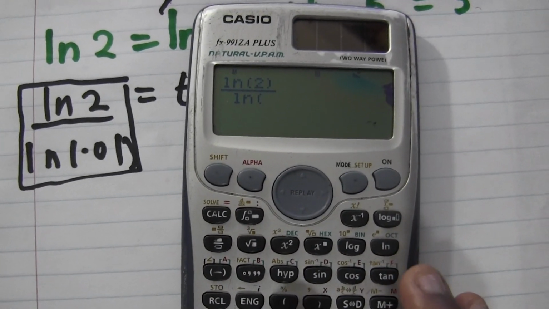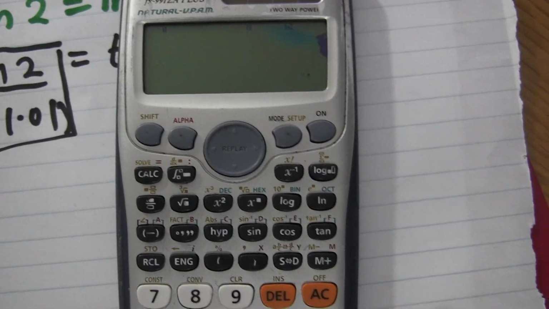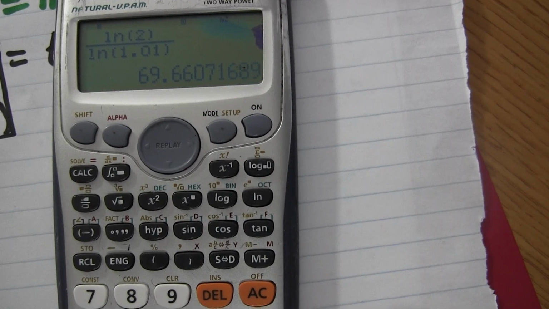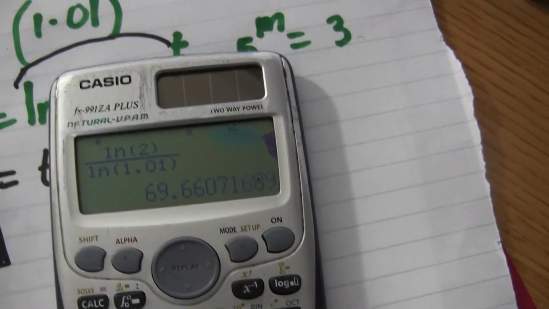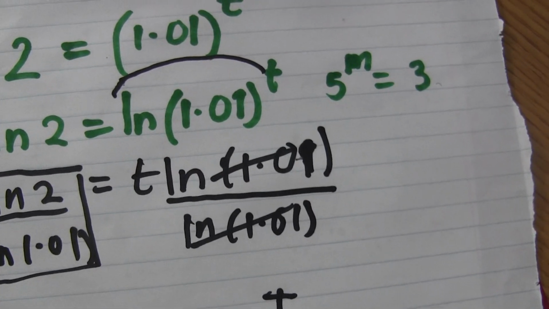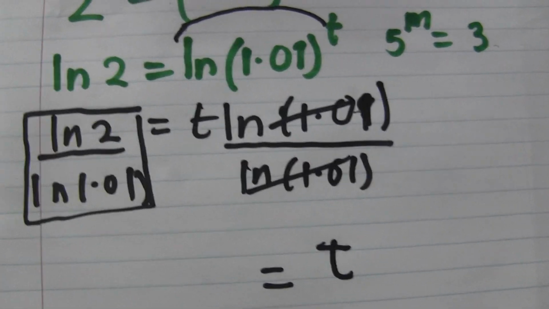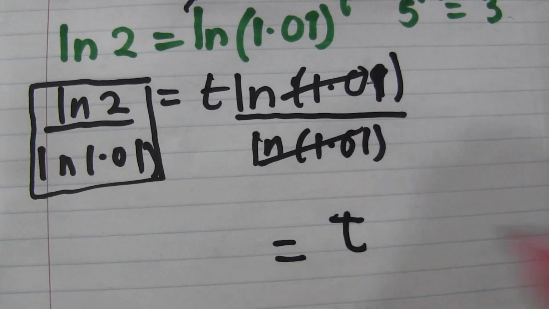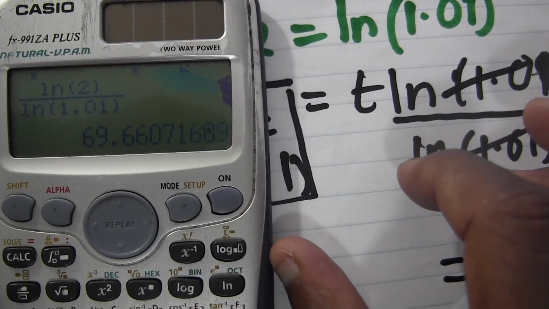Ln of 1.01, and this is going to give us the answer of 69.6607. Okay, however you're going to approximate, whichever option you have, that's what you take. Okay, so let me approximate to 2 decimal places. If we approximate to 2 decimal places, it's going to be 69.70.